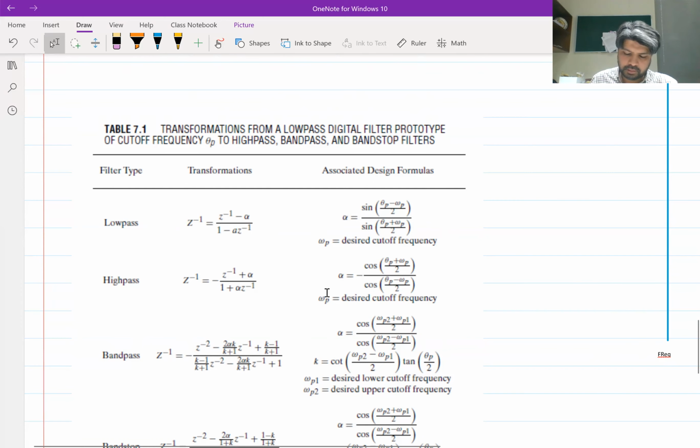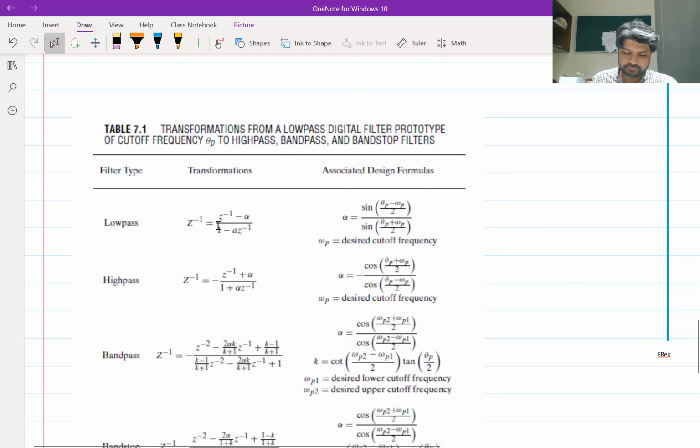So this book has taken the same notation as taken by Constantinides. Otherwise, you could have the same z inverse, but a different value of alpha. But nevertheless, this is how your transformation works.